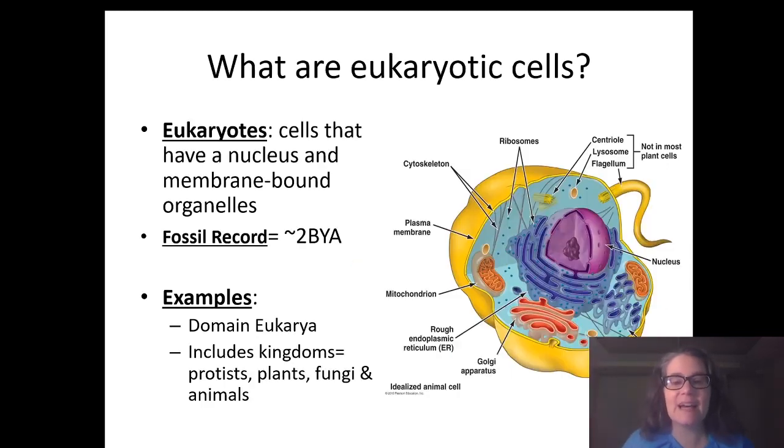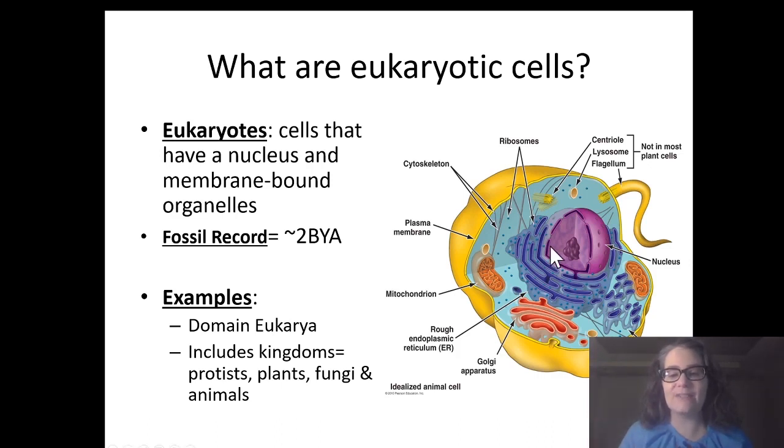The second kind of cell type is a eukaryotic cell, and this is a type of cell with a true nucleus. This means that you can see over here our DNA, or our nuclear material, is bound inside of a lipid container, or a membrane is covering it and houses it separately from the liquid and the other organelles of the cell.